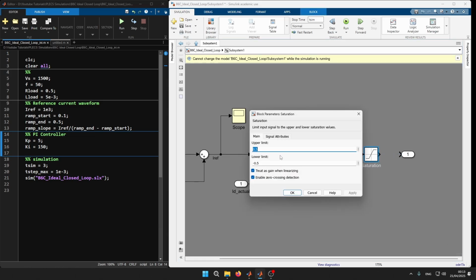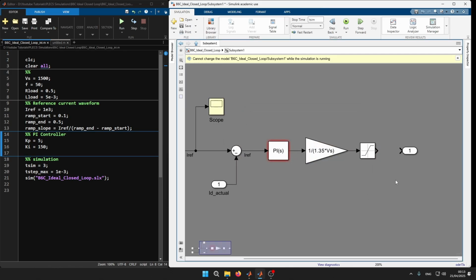The upper value of the saturation is 1 and the lower value is -1. Now why is it so?